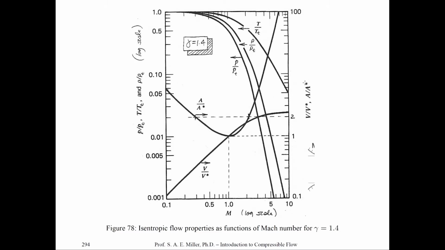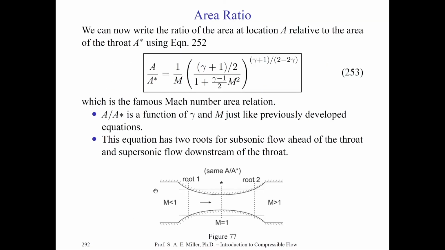Now we can take our isentropic equations for p over pt, T over Tt, and rho over rho t, and plot those because they're functions only of Mach number and gamma as developed for isentropic flows. We can also plot, now that we have them, Mach number variation with the particular temperature to get velocities over the choked velocity, and the area relation, which of course is defined by the problem's geometry. So the area is defined as this particular curve.